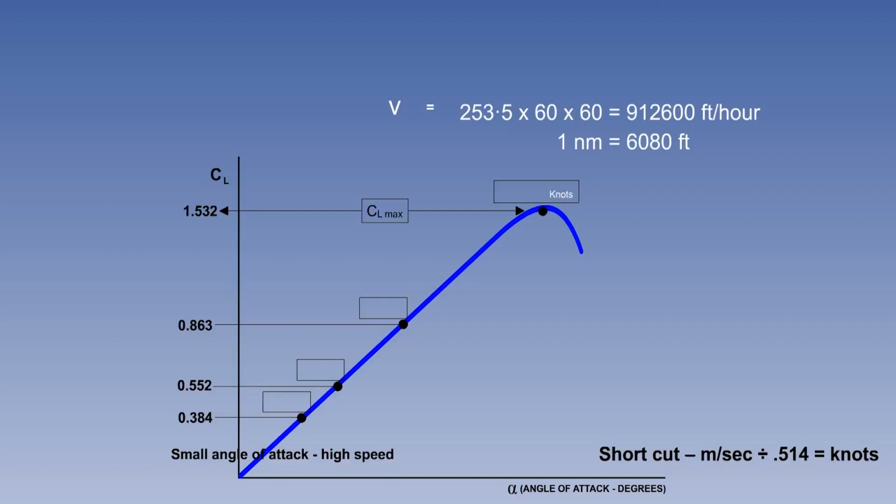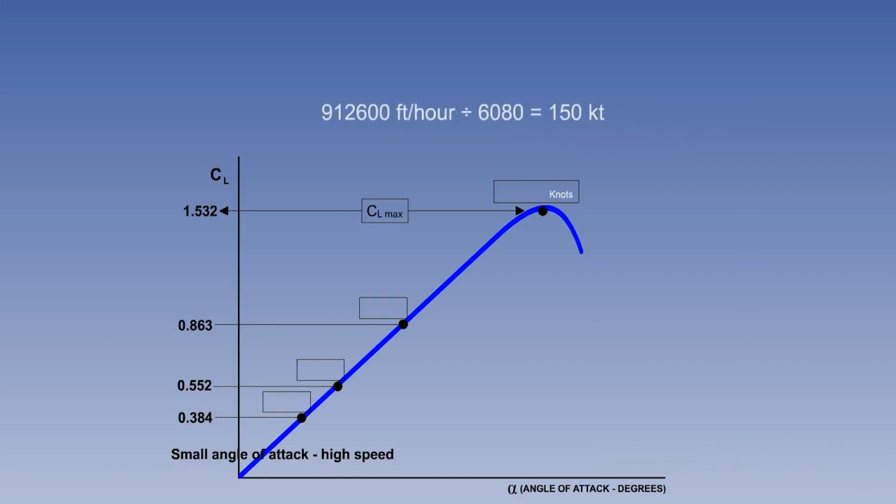The same result can be arrived at rather more simply by dividing meters per second by 0.514 to get knots, but we include the steps to show you the logic. Thus, it can be seen that the angle of attack at CL max corresponds to a speed of 150 knots.